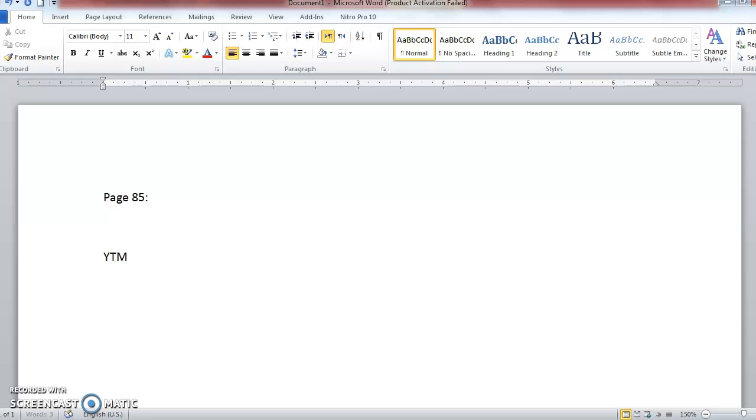In order to calculate your YTM, it's stated that CR times par, in brackets, CR times par, and then I'll put an underline over here. It's easier for me to do it like this.